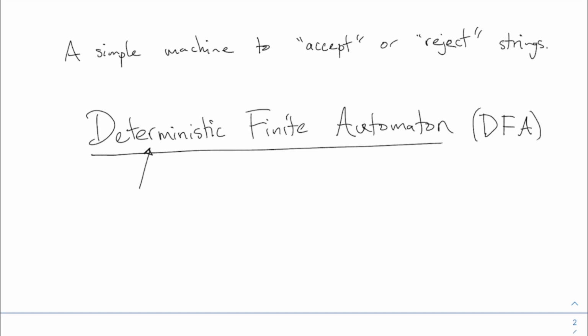Deterministic means that the behavior of the machine is precisely determined by the string and nothing else. So this machine just does what it does, regardless. It doesn't make random choices on its own. So very simply, I would say, no randomness. If you want to say a little bit more specifically, this has the same behavior.